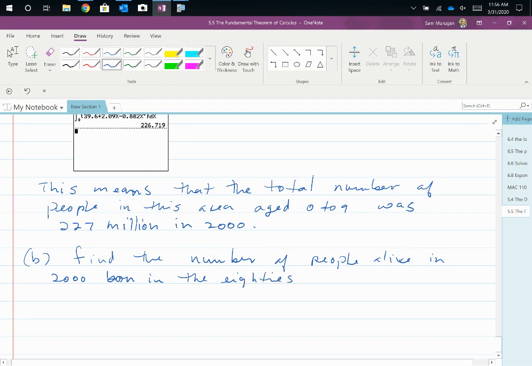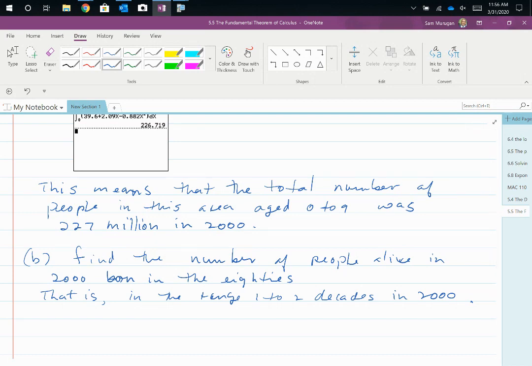Great year for music. All right, that is in the range 1 to 2 decades in 2000. In other words, their age in 2000 would be between 1 to 2 decades.